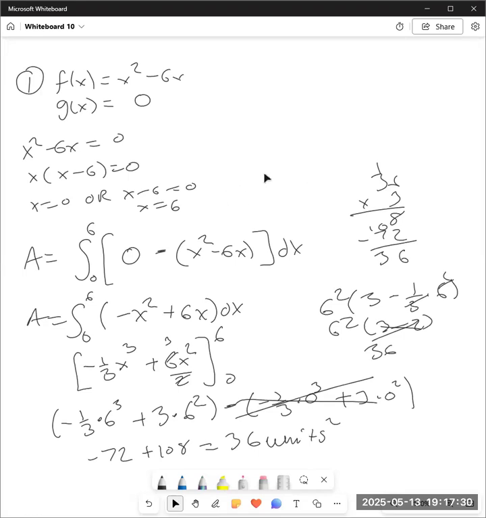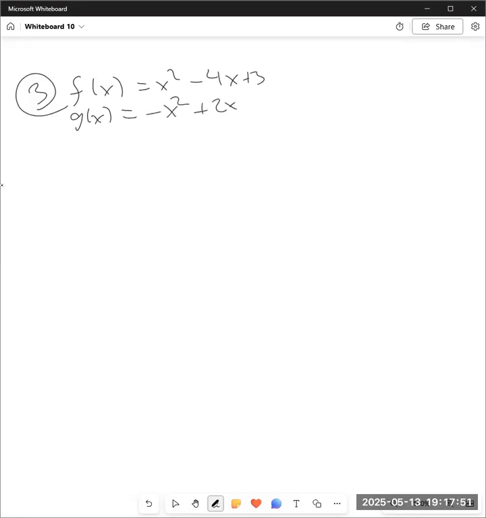Let's go ahead and look at number 3. Where f of x is equal to x squared minus 4x plus 3. G of x is equal to negative x squared plus 2x plus 3. And the region there is marked for us so that we know which function is upper and which one is lower.